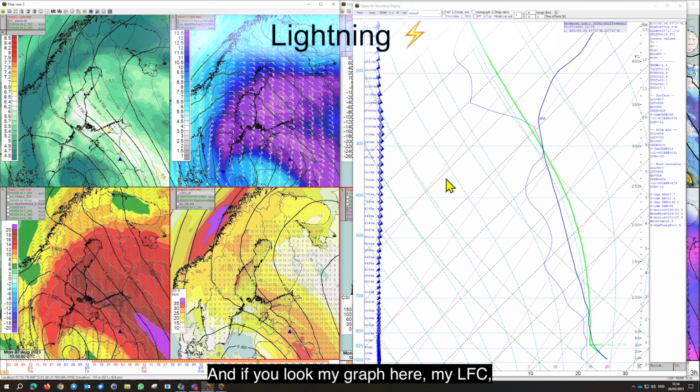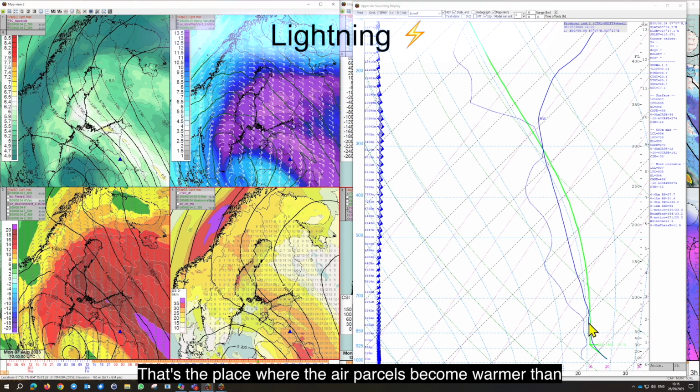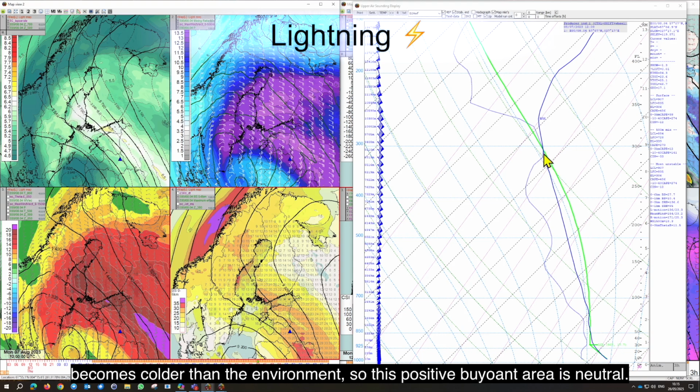And if you look at my graph here, my LFC, so level of free convection, is around here. That's the place where the air parcels become warmer than the environment, which allows them to rise freely, all the way up to this point, where it once again becomes colder than the environment, so this positive buoyant area is neutral.